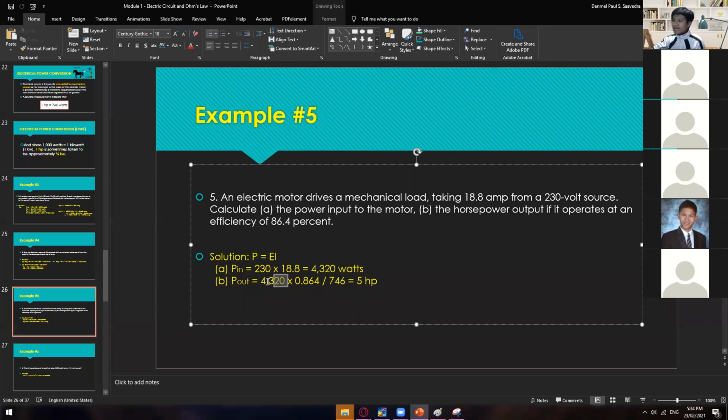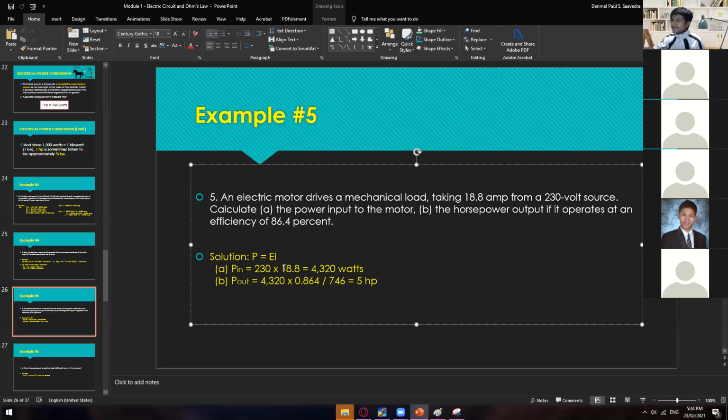So just multiply 4,320 by 0.864. In here, it's asking for the horsepower, so we have to divide this by 746 for us to get a unit of HP.